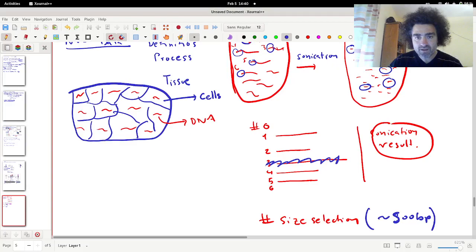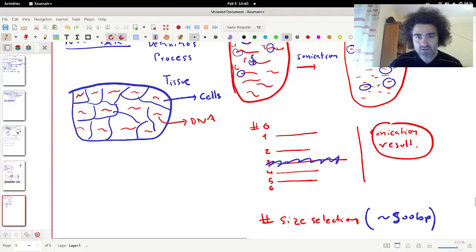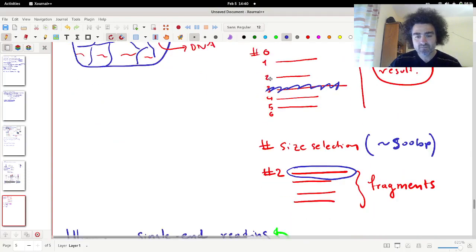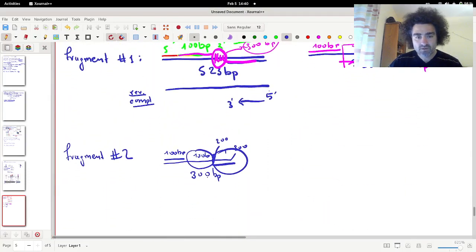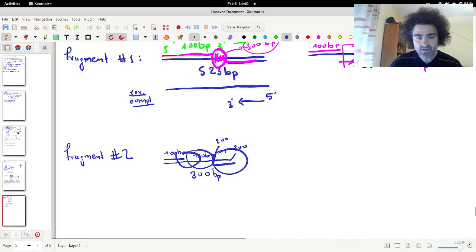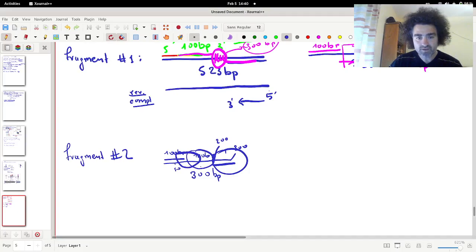Here you have a break, let's say, in position 50. So you will read something that is between 50 and 150. So you will get something in this area between 50 and 150. So if this is 50 here, this will be 150 here.